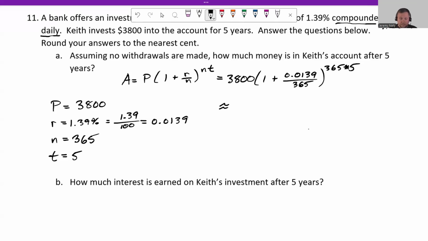Okay, to the nearest cent, I'm getting 4,073.49. So that's $4,073.49.